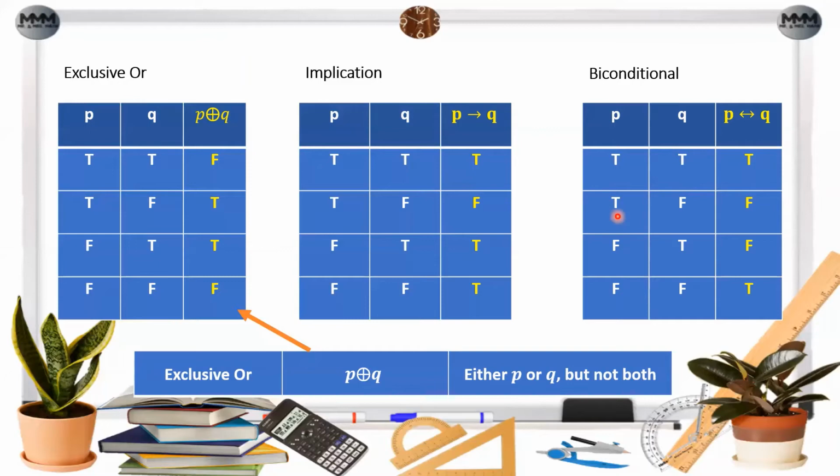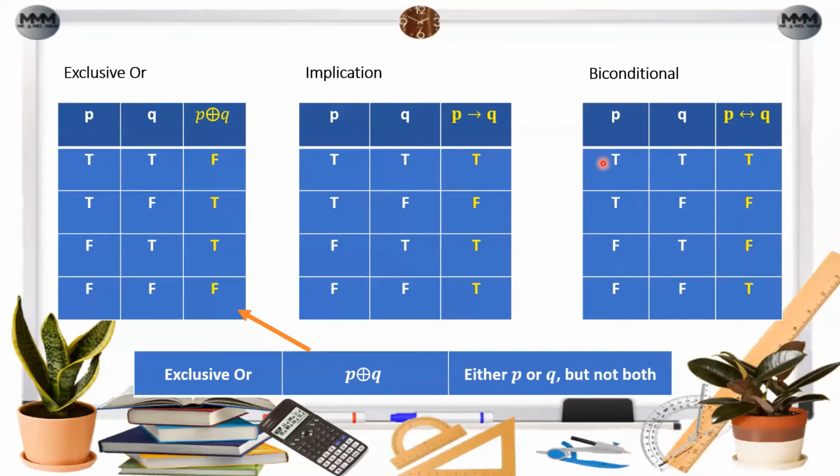Another one, P true if and only if Q false, the result is false. Here, P is false if and only if Q is true, the result is false. And P is false if and only if Q is false, then the resulting proposition for biconditional is true. Now, as you observed, the compound proposition for biconditional is true when both propositions have the same truth value.